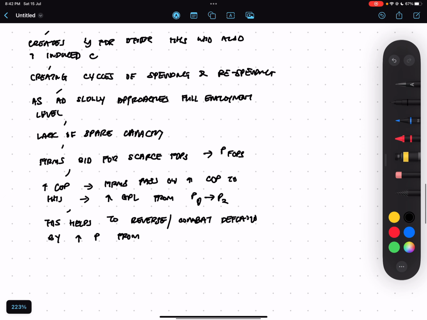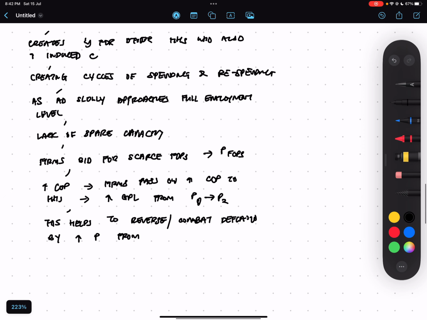So this is the first step you want to do: explain how the fiscal stimulus can help to solve the deflation. Then, as I mentioned, there are evaluation marks, so you want to give some limitations and explain why fiscal policy might not work.